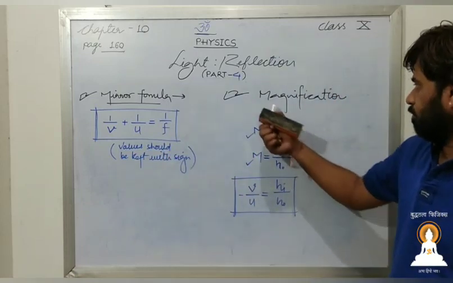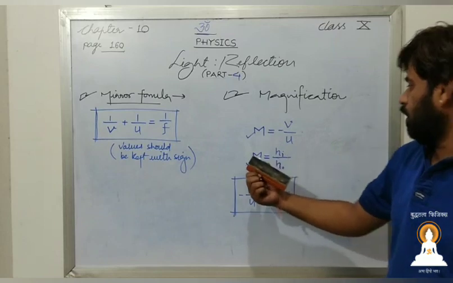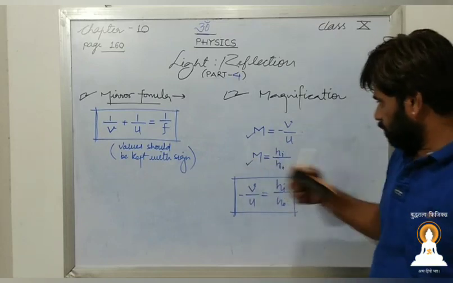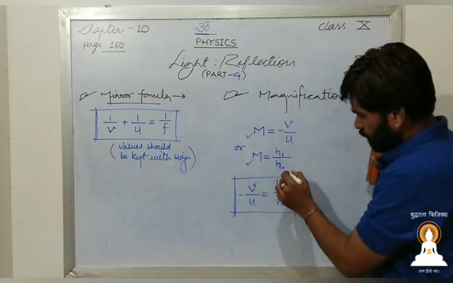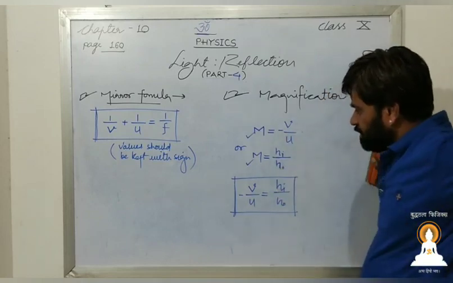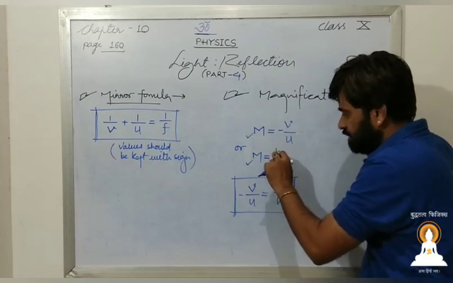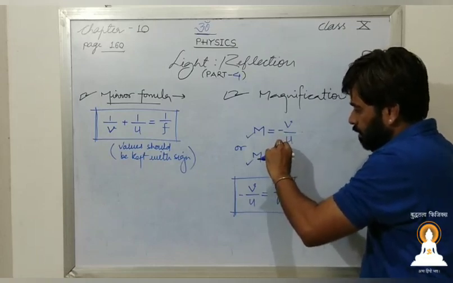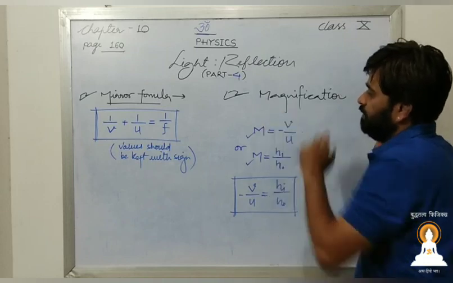Here also magnification, capital M, is equal to minus v by u, or height of image upon height of object. It tells us the magnification of the image with respect to the object, whether it is diminished or larger than the object.